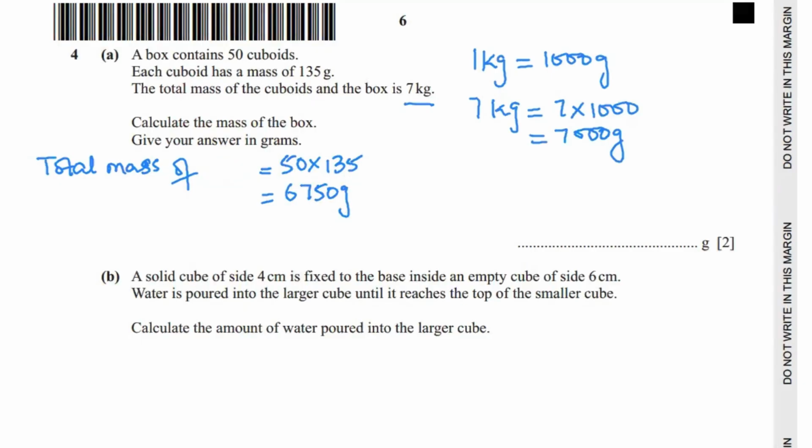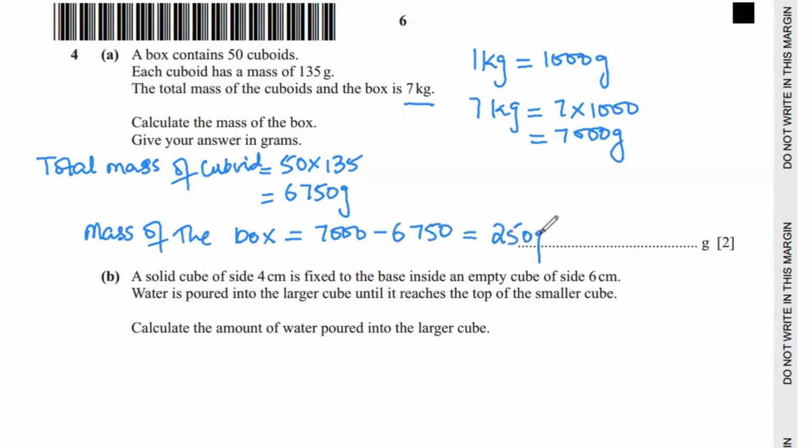Actually, no, this is the cuboids. So the mass of the box would be the difference of the total weight and the weight of the cuboids. So 7,000 minus 6,750, that's 250 grams. That's your answer.